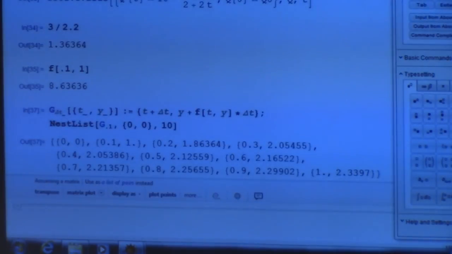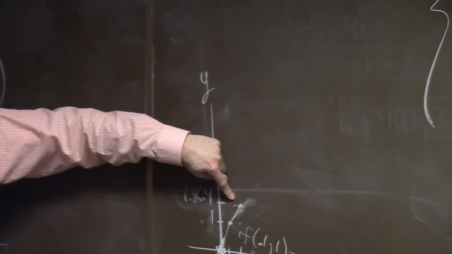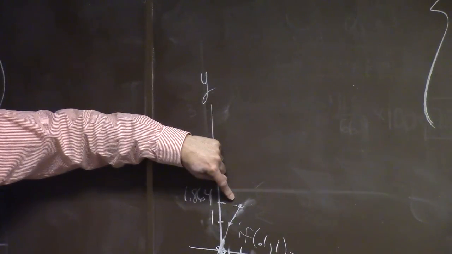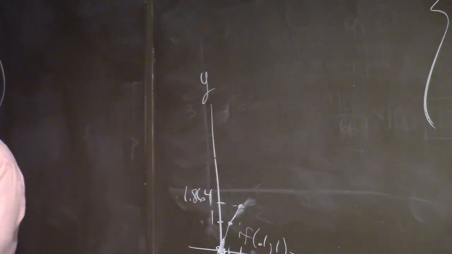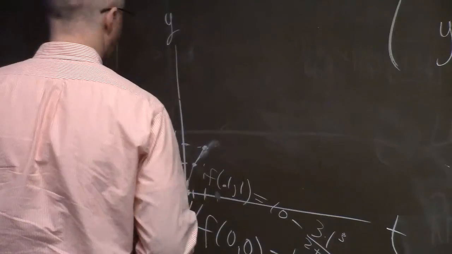The second of which, look, is 0.1, 1. That point right there. The third of which is 0.2, 1.864, yay! Right there. If we had kept going by hand, we would have gotten the next point to be 0.3, 2.055 approximately.